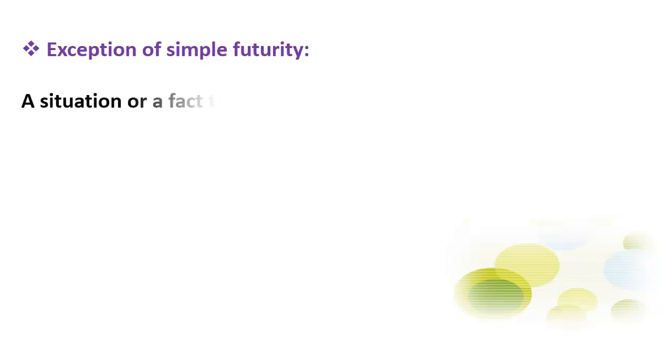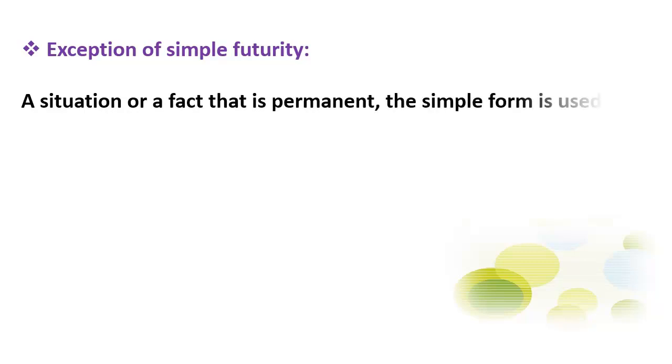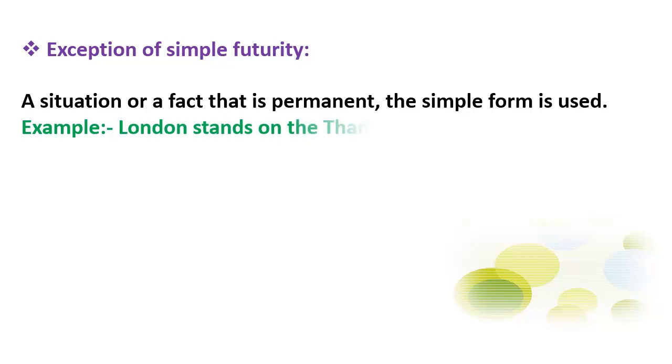Now children, a little exception of simple futurity. A situation or a fact that is permanent, the simple form is used, not present progressive. Example, London stands on the Thames. So you cannot use London is standing on the Thames because children, it is a situation which is permanent.